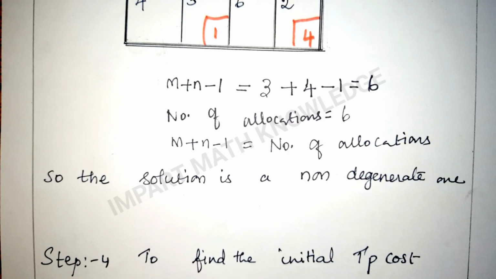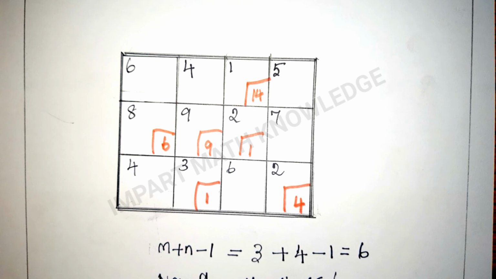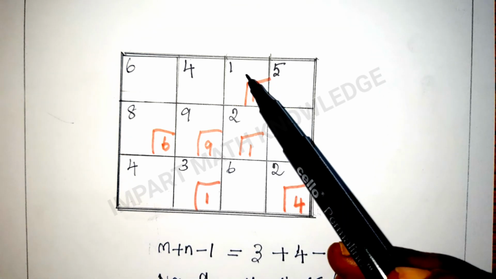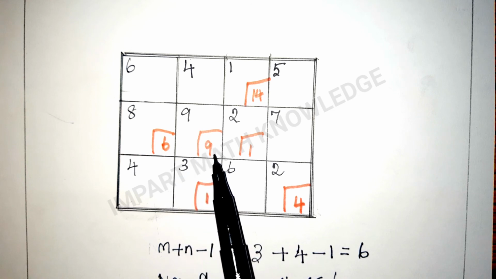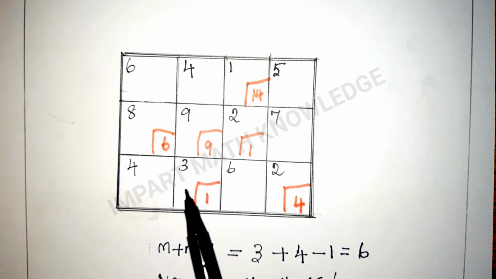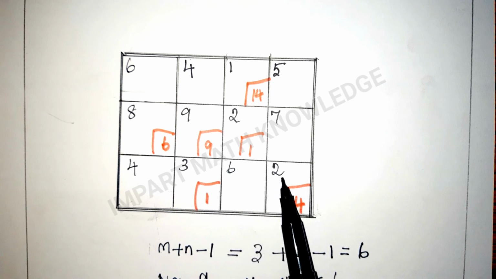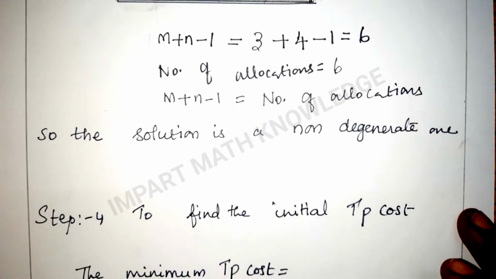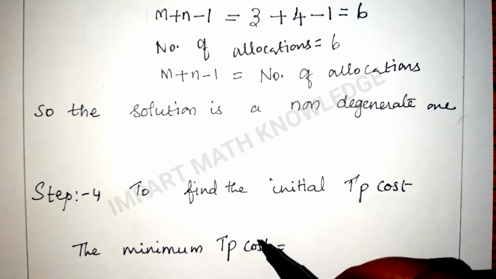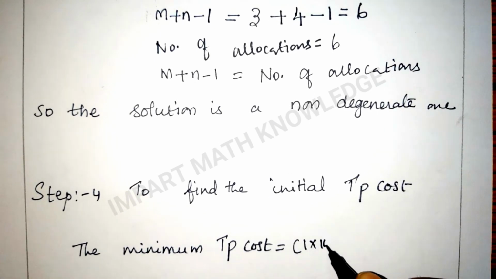Fourth step, we have to find the initial TP cost from the allocated values. The minimum transportation cost is nothing but 1 into 14 plus 8 into 6 plus 9 into 9 plus 2 into 1 plus 3 into 1 plus 2 into 4.